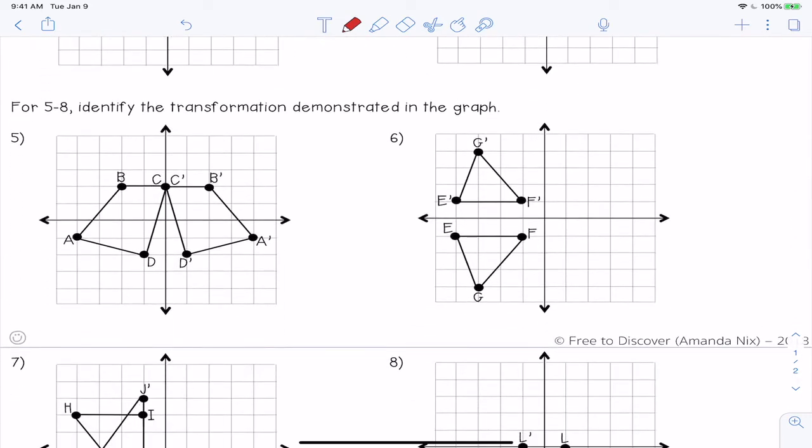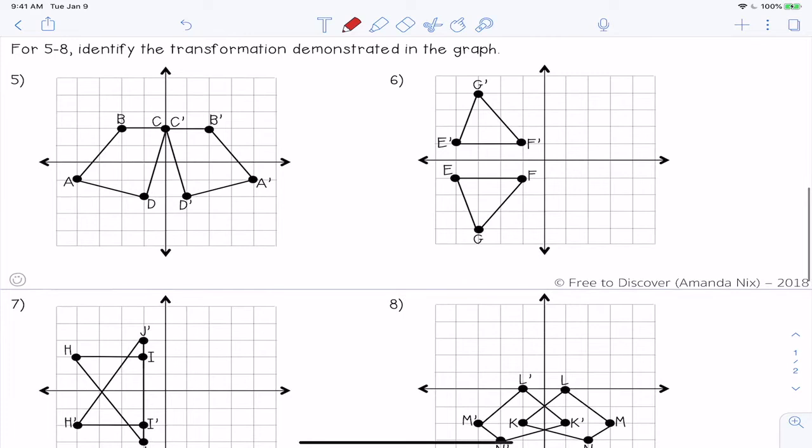So for number 5 through 8, I'm going to do the first 2. We're just going to identify the transformation as demonstrated. So it looks like this is the original image, so I'm going to shade that yellow. And this is the reflected image because it has prime points.